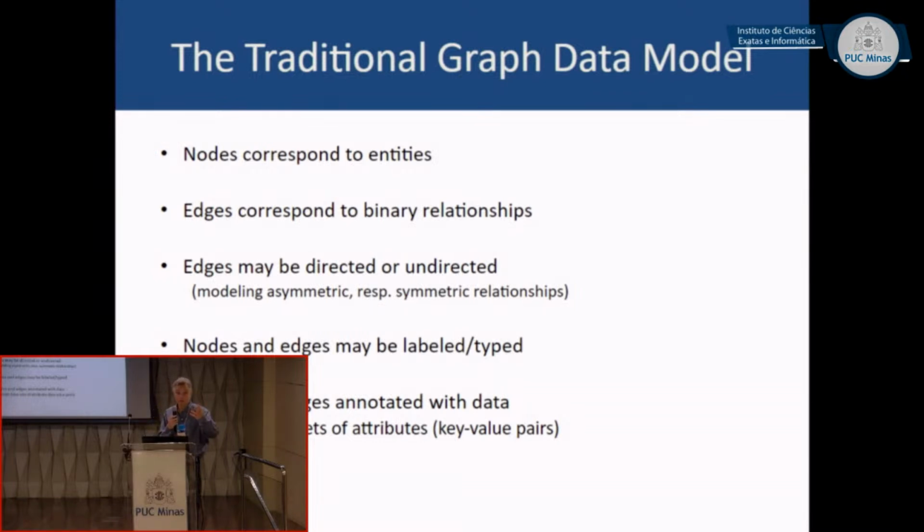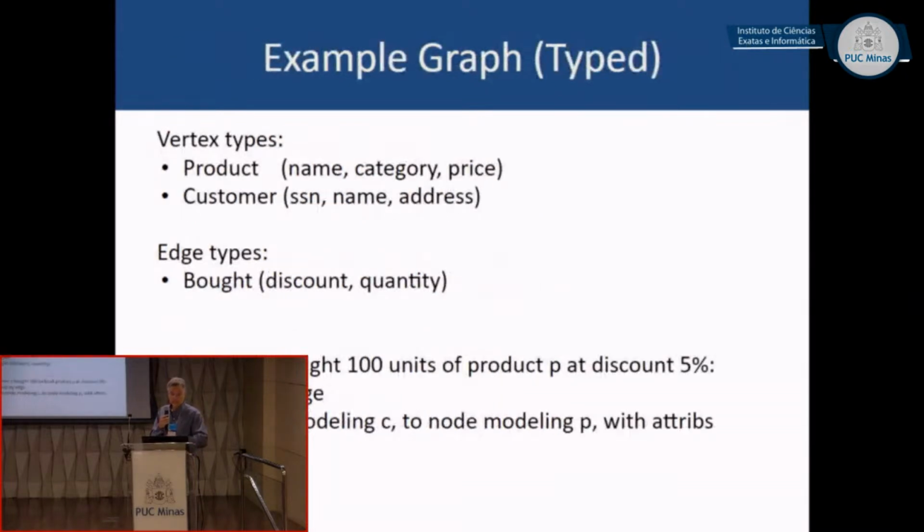Asymmetric, I follow you on Twitter. Symmetric, we are siblings. Nodes and edges may have types or labels, and each of them can carry data. Think of them as sets of key value pairs, okay? Called attributes in the literature. More recently, these are called properties.